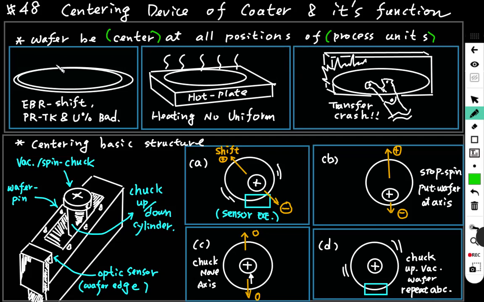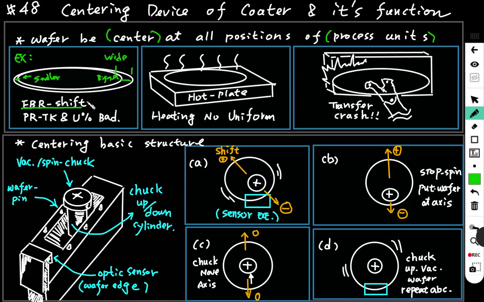This is the example for wafer center not being the central of the process unit. For example, we talked about EBR last time, several times. For EBR shift, this side wide, big, and then this side small, smaller, and then this side wide, bigger.